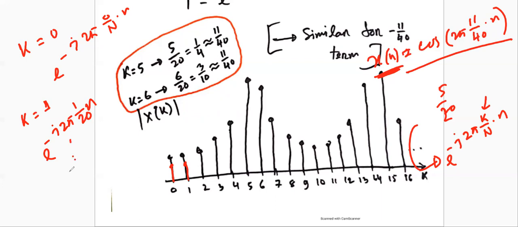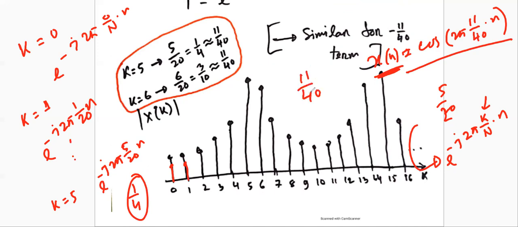Whenever we are extending this to k equals 5, what happens? It will give e to the power minus j twice pi 5 divided by 20 into n. So 5 divided by 20 means 1 by 4, which is very close to 11 by 40.